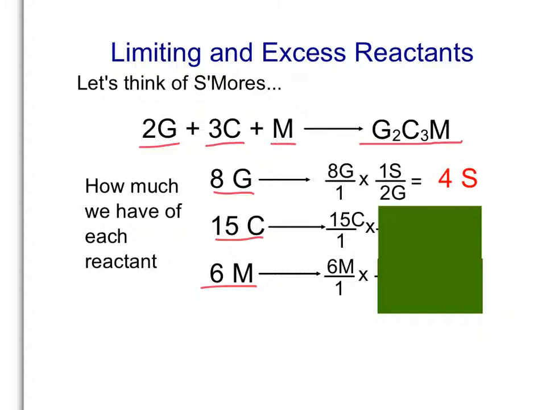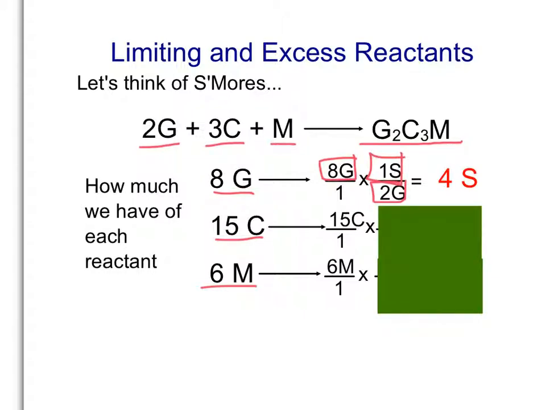So in order to do this, we are going to start with our 8 graham crackers. And then we are going to figure out that we can create 4 s'mores. We do this by determining, well, if I have 8 graham crackers and there are 2 graham crackers for every 1 s'more, I can create 4 s'mores.